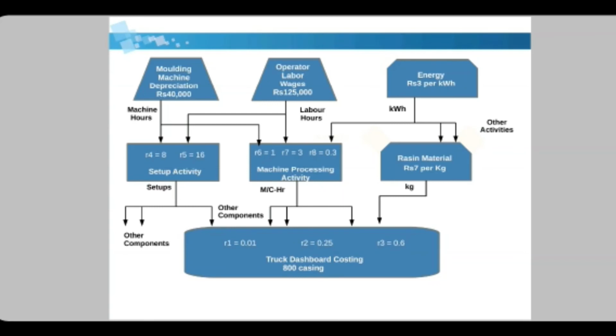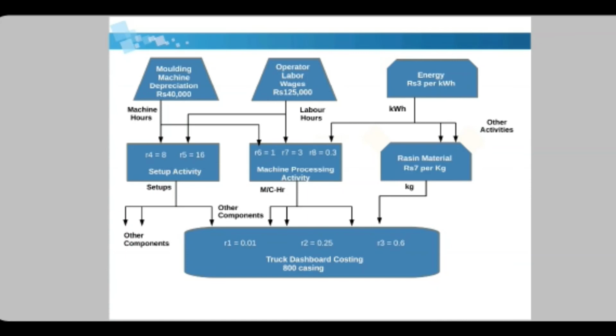Now what is the meaning of R1, R2, R3? R1 is 0.01. It shows that for making one truck dashboard casing, 0.01 setup activity is used. So for making 800 casings, it will be 800 into 0.01.